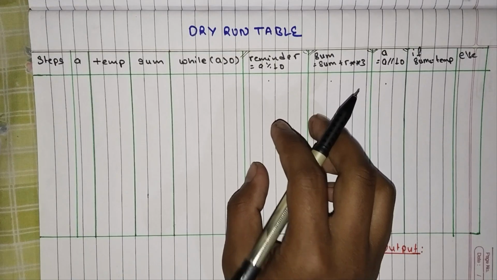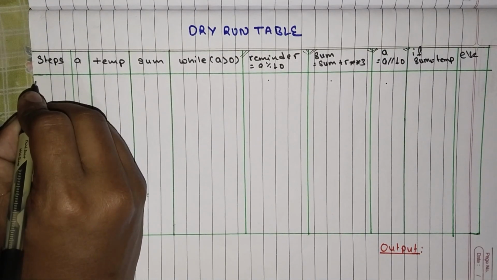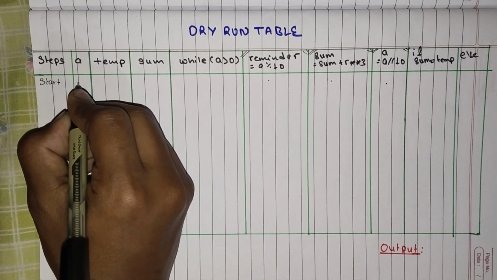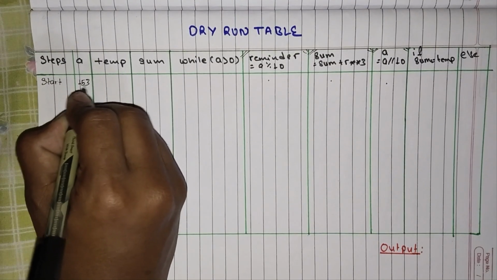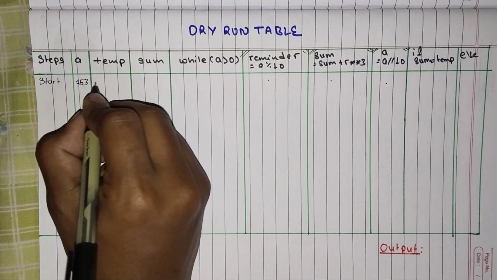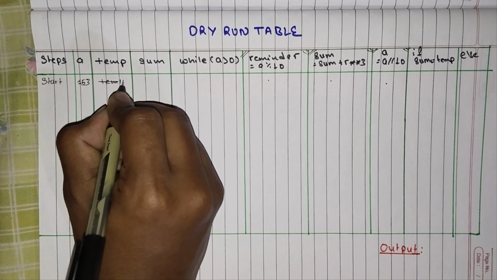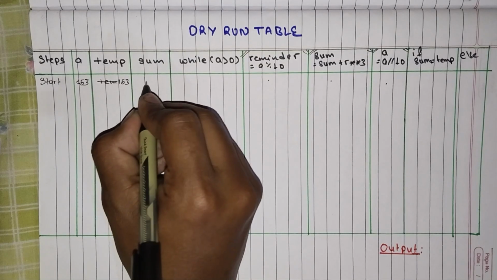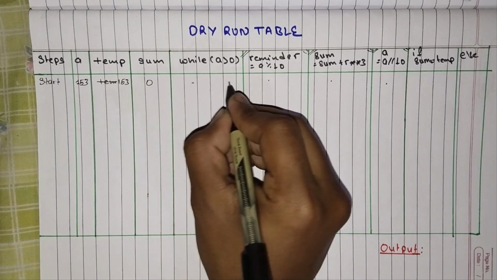We'll start by writing start. Then we'll ask for a number from the user, that will be 153, as we already did earlier. Again 153 will be stored in temp, and we initialize the sum with 0. And then this step will not be checked right now.